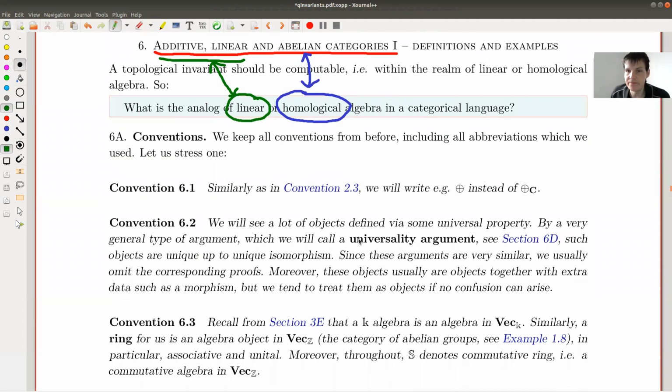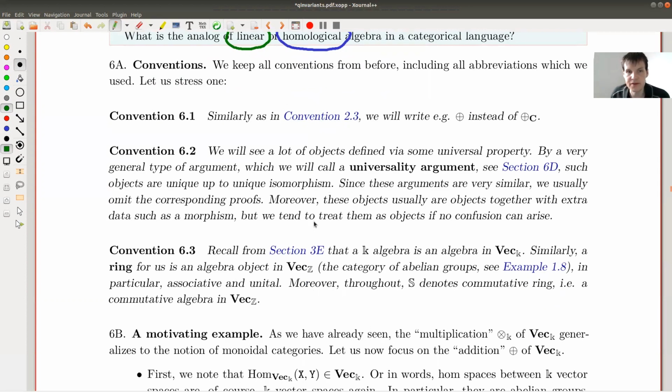There will be a lot of conventions that I will use. It's not so important. The only one that is really important is that I write this funny symbol here, this bold S, which I actually really can't write, for a ring. That's basically a commutative ring.